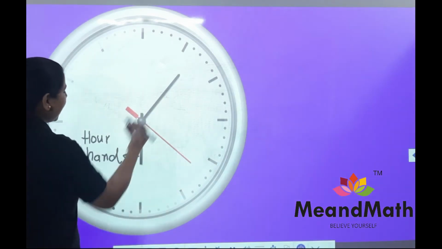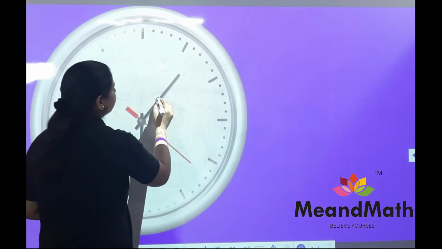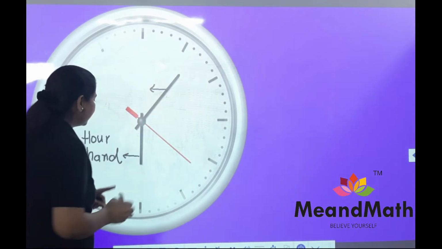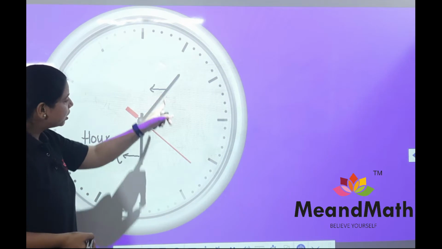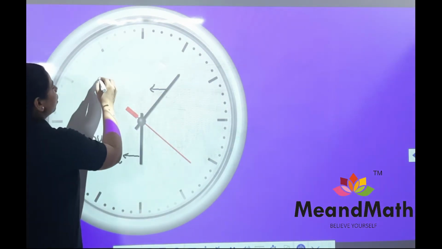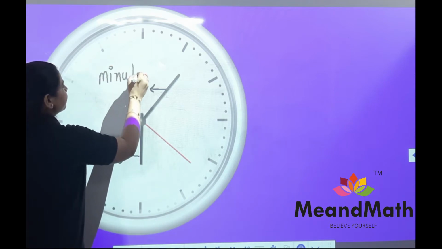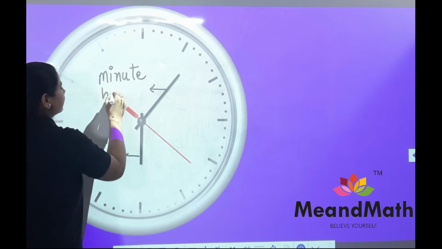Okay, the second hand after the hour hand is this one. This is basically longer than the hour hand but shorter than the red one, right? So this is called the minute hand.